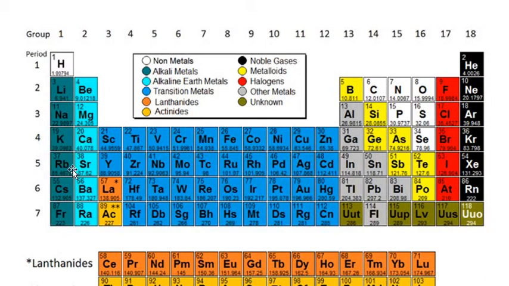This is called the first group. These elements are similar to each other in chemical properties. These elements are also similar to each other, and so on. Each group has many elements, and these elements are similar to each other.